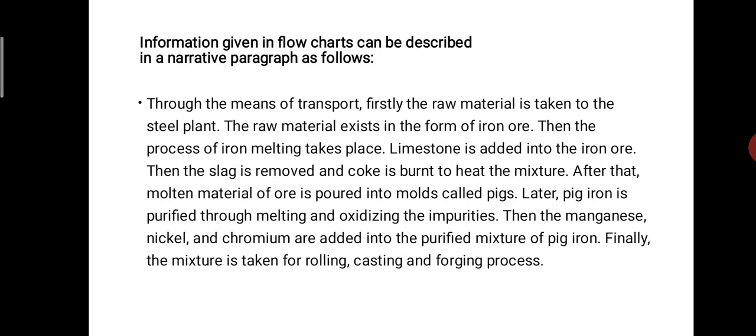After that, molten material of ore is poured into molds called pigs. Later, pig iron is purified through melting and oxidizing the impurities. Then the magnesium, nickel, and chromium are added into the purified mixture of pig iron. Finally, the mixture is taken for rolling, casting, and forging process.